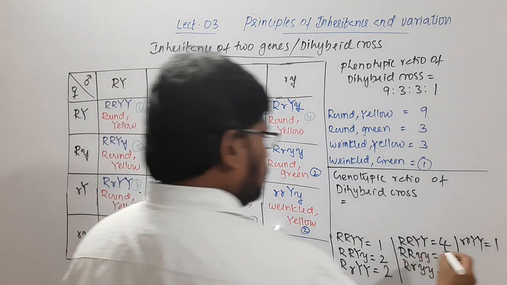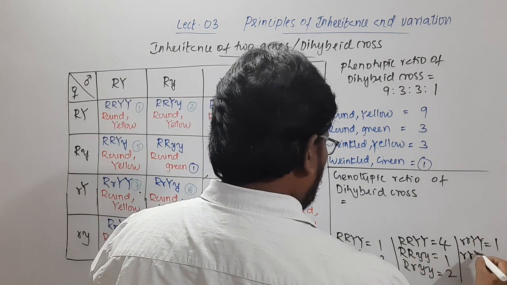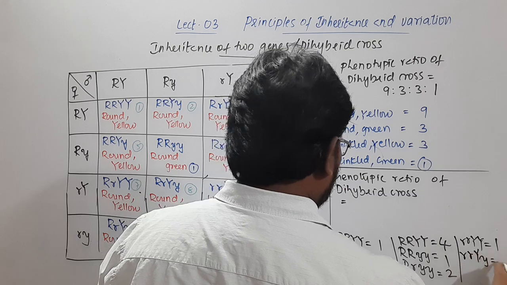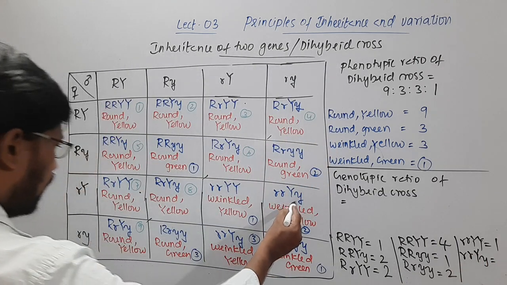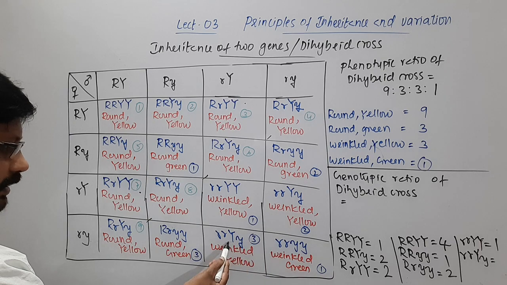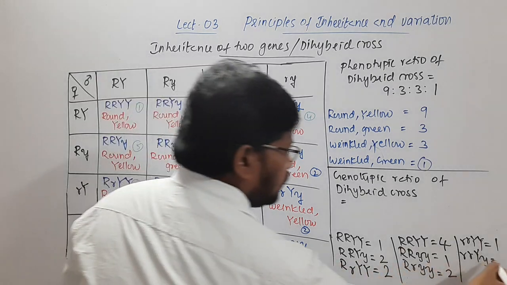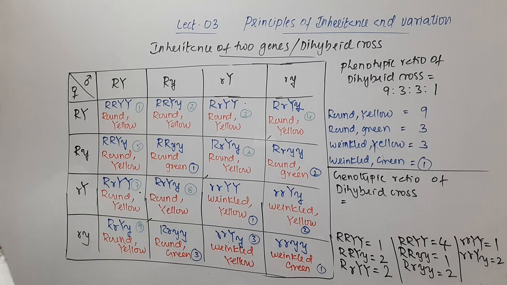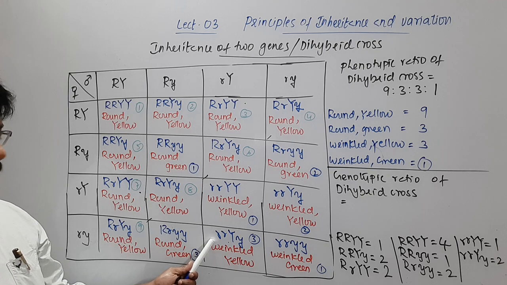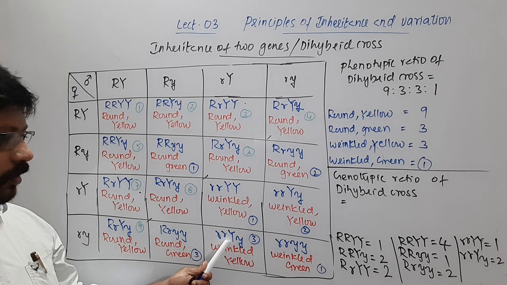Then the next one, small r, capital Y, small y. This small r, capital Y, small y, you will see again here. So it is 2 in number. Then this genotype we already finished. Then capital R, small y also we finished. Then small r, capital Y, small y also we finished.